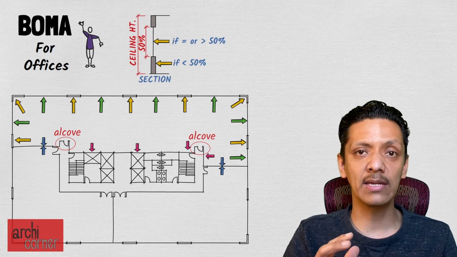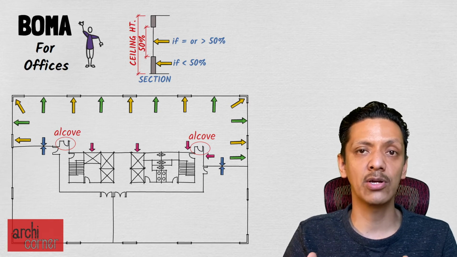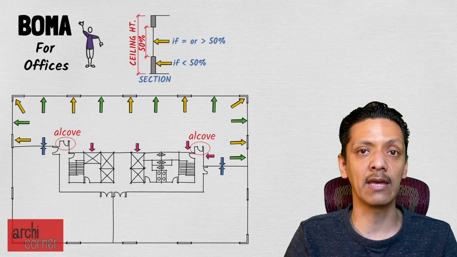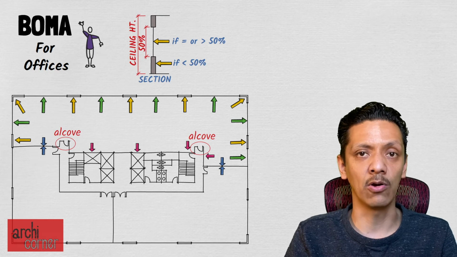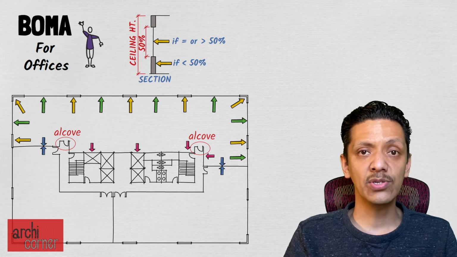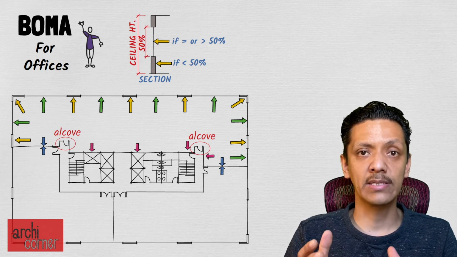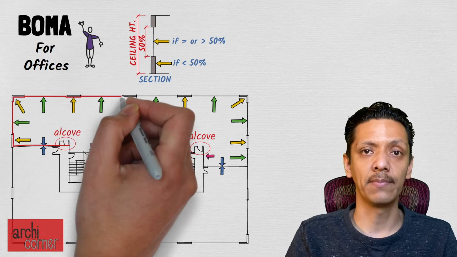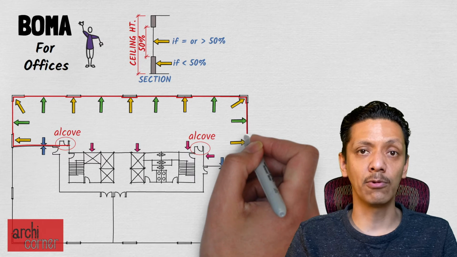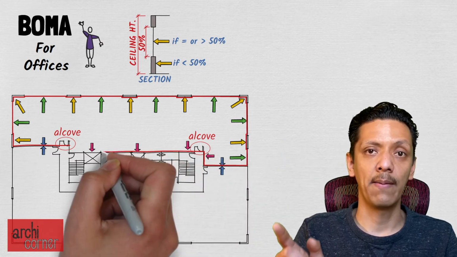But we're not going to get into the specifics as to how much of that alcove, if any, can be accounted. But just have in mind that in most instances, you are able to account for that alcove. So, as it pertains to the square footage of the tenant's usable space, if we were to draw a boundary line, the concept of the boundary line would be as we show here on a red boundary.